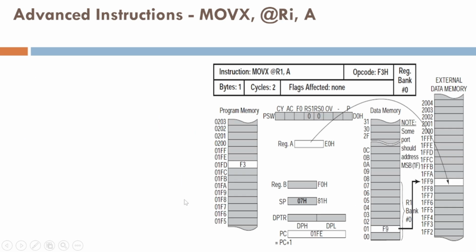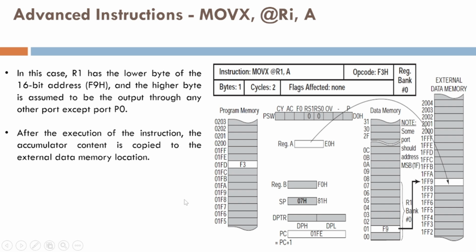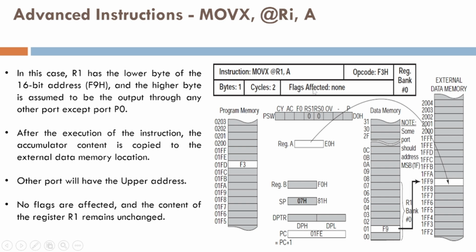Now, the other thing is just the reverse of it. In this case, F3 is the one-byte opcode of MOVX @R1, A. From here, we are sending the information that is inside the accumulator into the location 1F9.